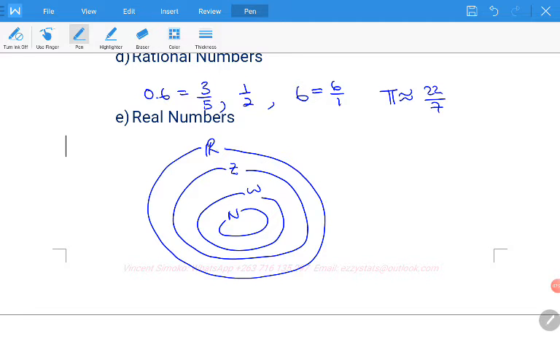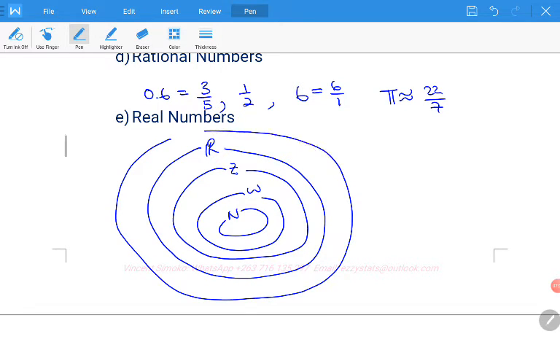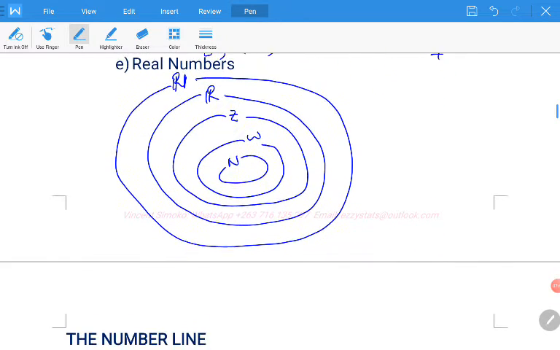I'm going to use Q for rational numbers, and all rational numbers are a subset of real numbers. I'm going to call this R for real numbers. So these are the number types that we have.